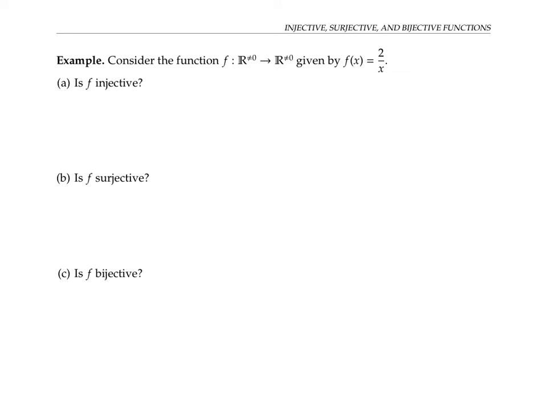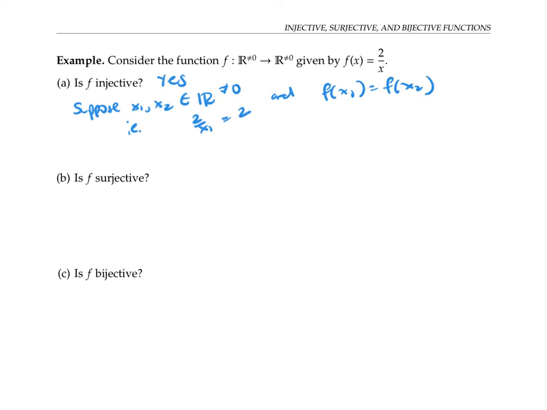For this example, f is injective. Let's see why. Suppose x1 and x2 are in the domain, and suppose that f of x1 is equal to f of x2, i.e. 2 over x1 is equal to 2 over x2.